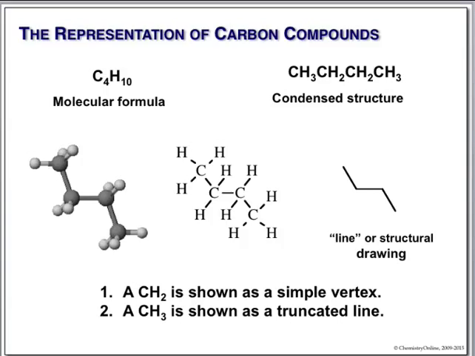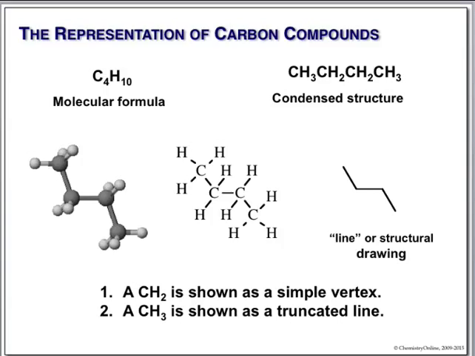Anytime you have a line just going off into space and stopping, that's a truncated line. That's a CH3 group. So this guy here represents this atom here. So that's a CH3.